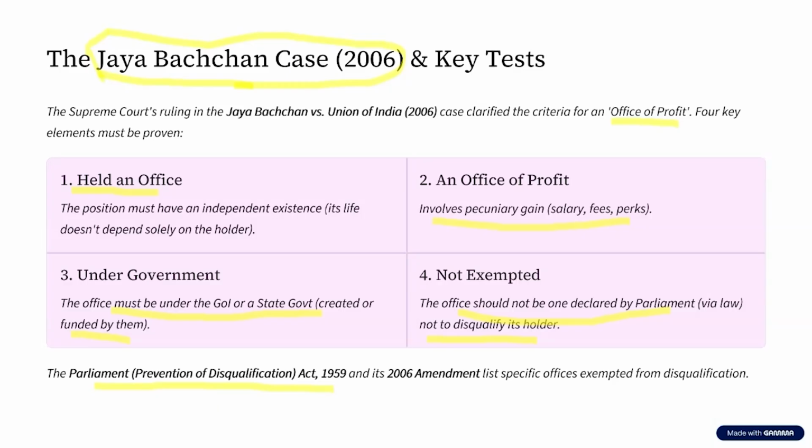Now you might ask me a question. There are elected representatives, MPs of Lok Sabha and Rajya Sabha, who are also ministers. On one side they are representatives, on the other side they are also ministers. Can this be possible? The answer is yes, this is possible. Why? Because Parliament, in the Prevention of Disqualification Act of 1959, has kept certain positions out of office of profit.